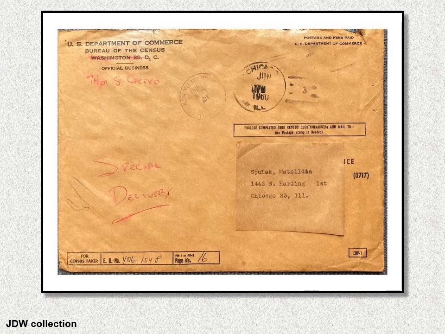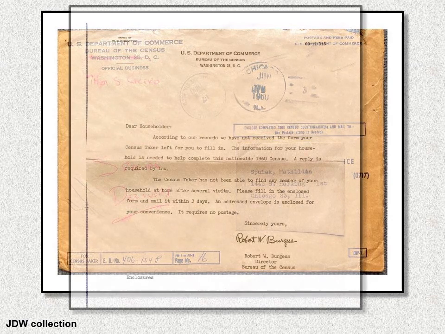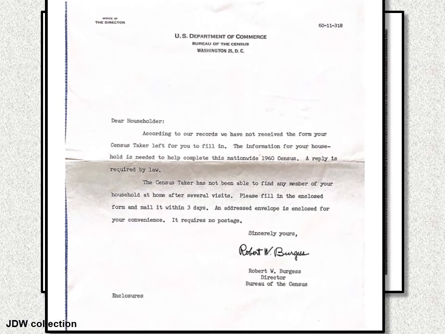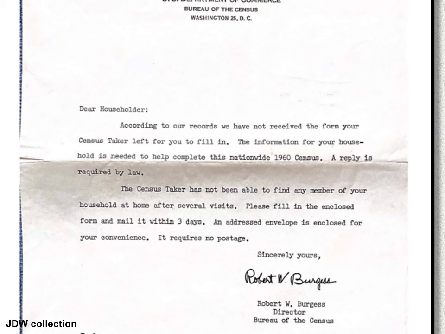So she got this little message from Uncle Sam. And Uncle Sam tells her that according to our records, we have not received the form your census taker left for you to fill in. The information for your household is needed to help complete this nationwide 1960 census. A reply is required by law.